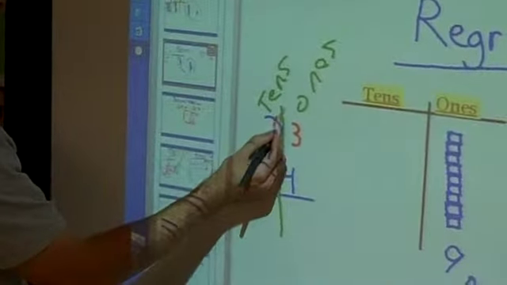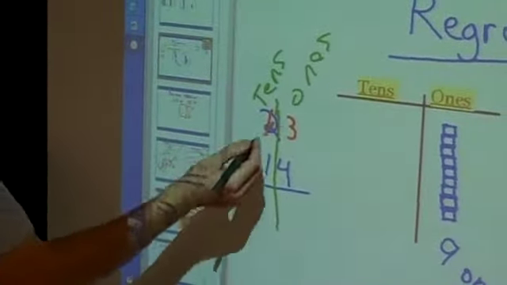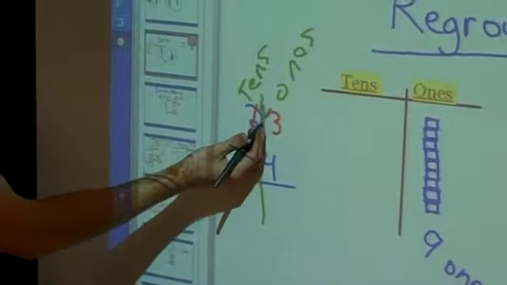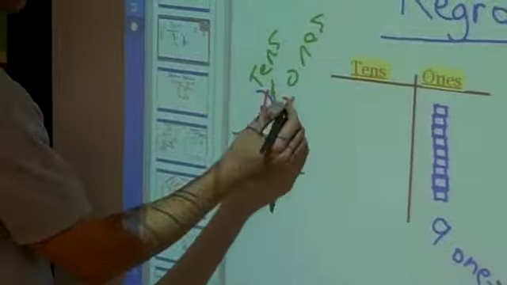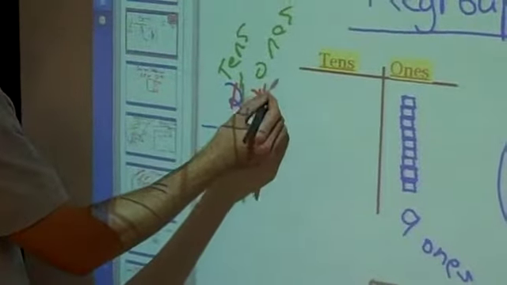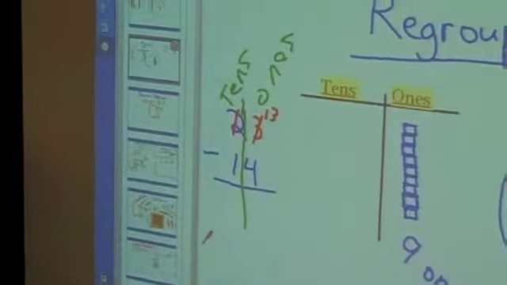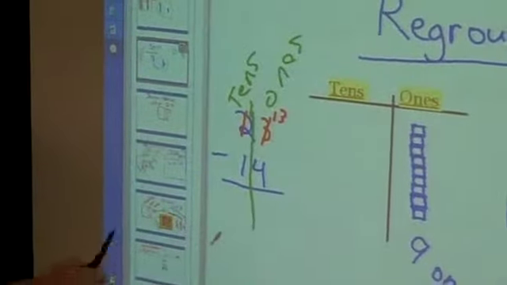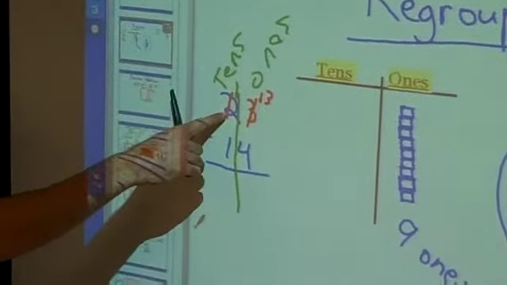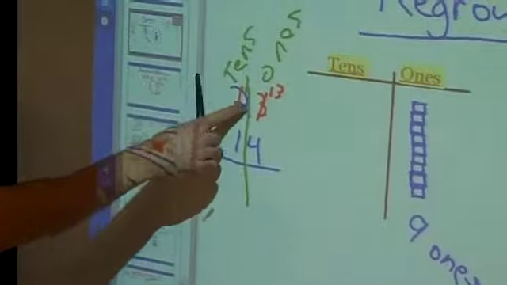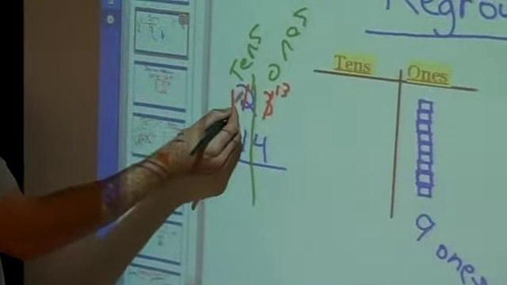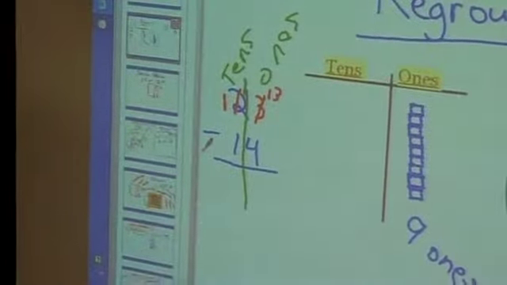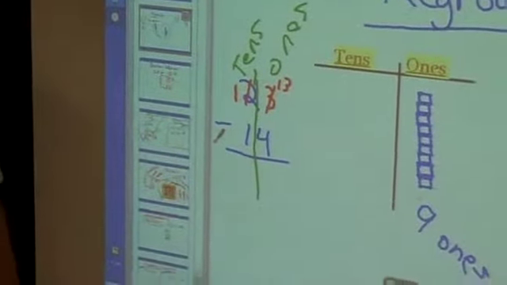So I need to change the number of ones I have. One 10 plus 3 ones is equal to 13 ones. And when I take a group of 10 ones from my tens, that leaves me with one group of tens. Now I'm set up to do the subtracting.